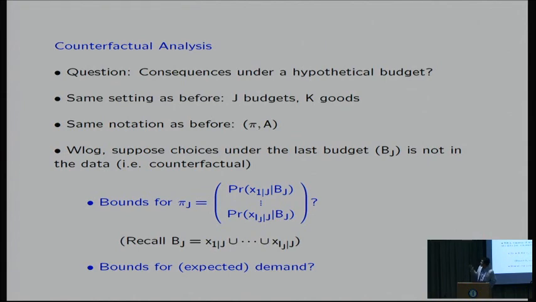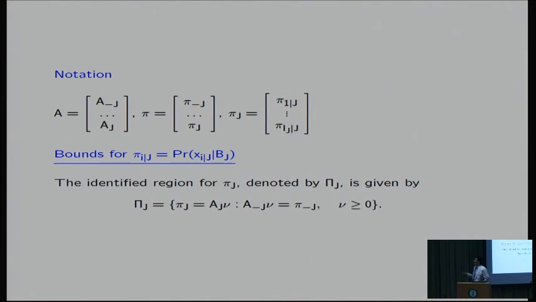Okay, so counterfactuals. What do we do? If we agree on what we've seen here, the principle is the same. Suppose I want to do a prediction on, say, choice probability or expected demand when a new budget set is given, something like a new tax or whatever it is.